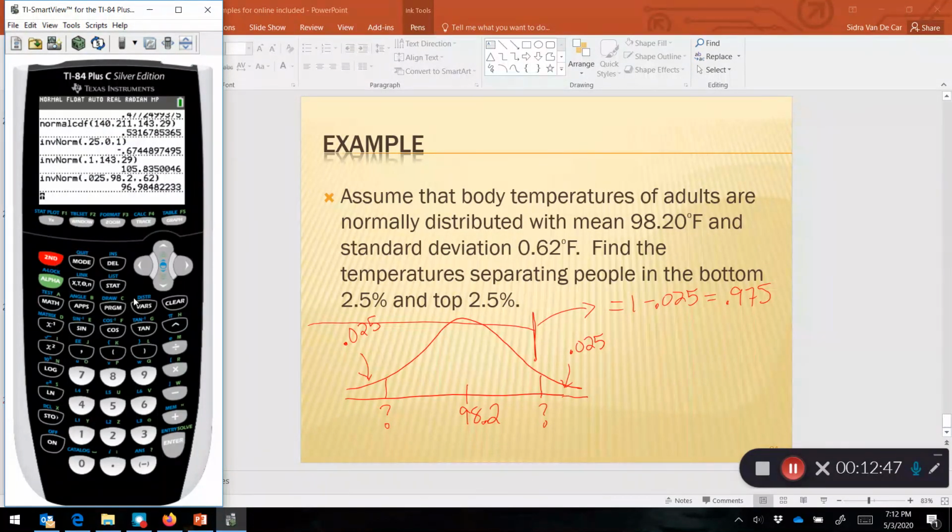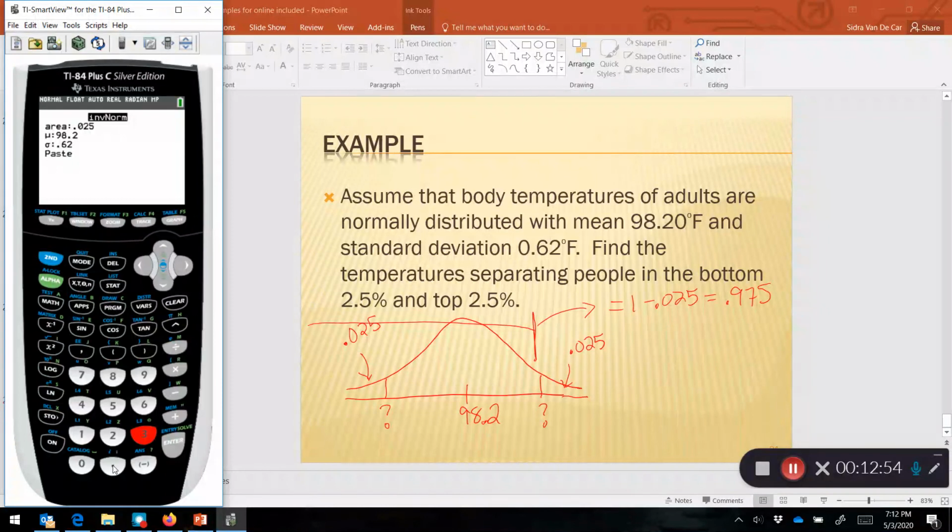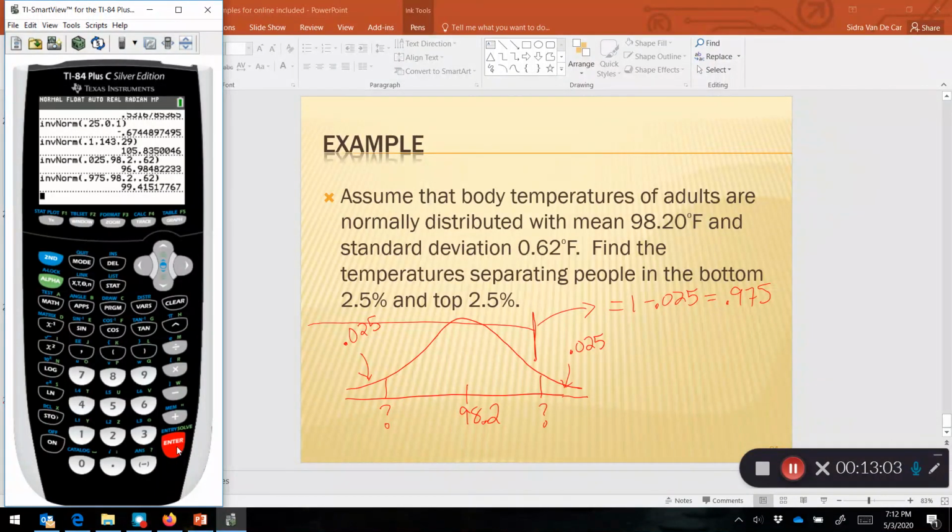Now let's do it again. But this time, for the second data point, I'm going to put in that area 0.975. Otherwise, everything else stays the same. And we get 99.4.